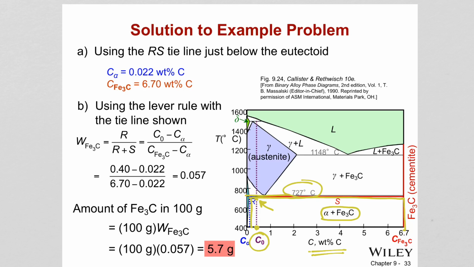Of course, if it's not very clear from the diagram, reading some approximate value is okay. But we read 6.7% for the cementite, and we read approximately 0.022 weight% of carbon for the alpha. Okay, so these are the ones that are inside the pearlite.